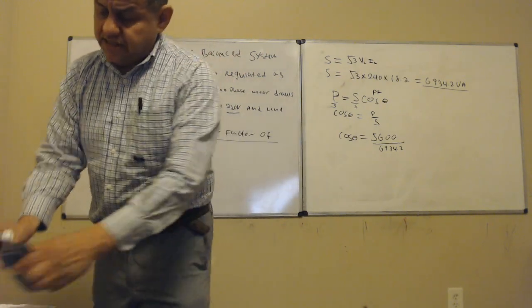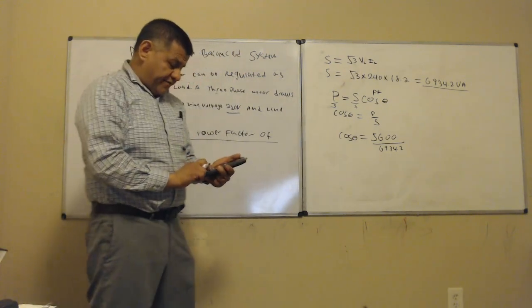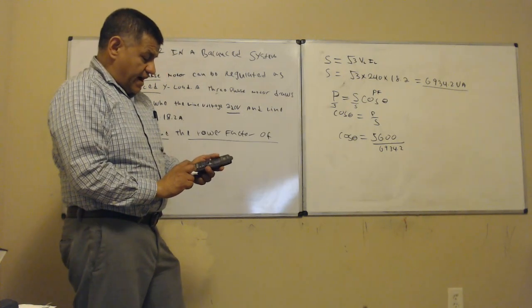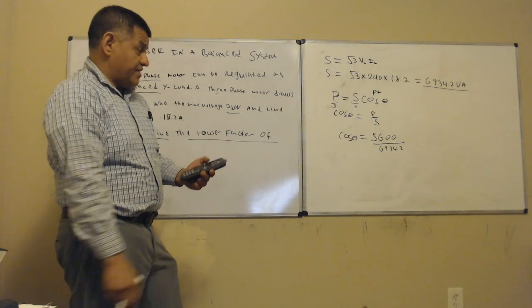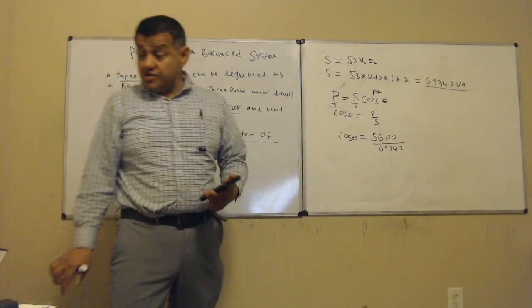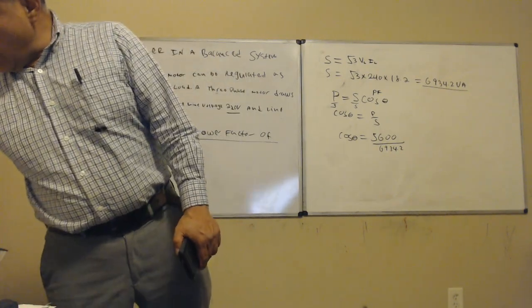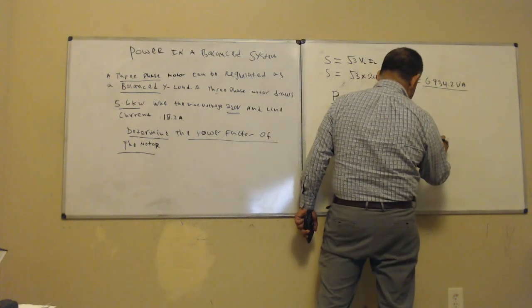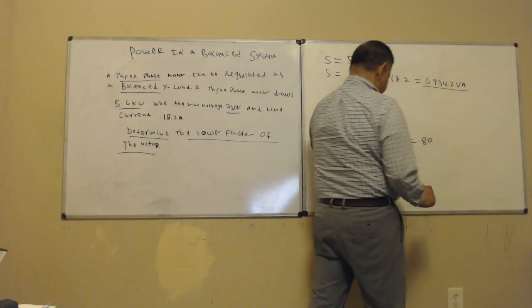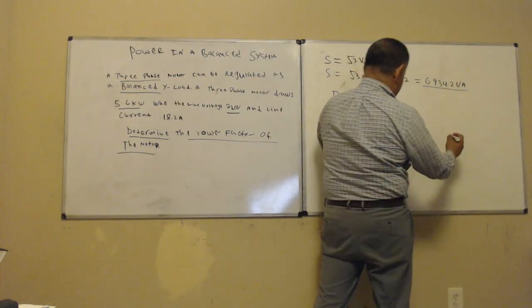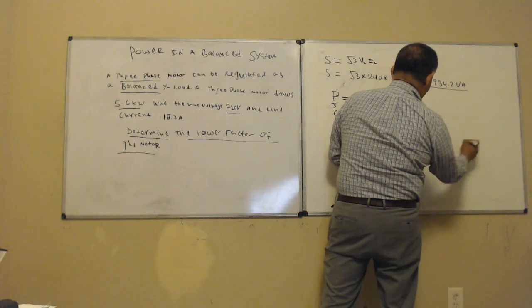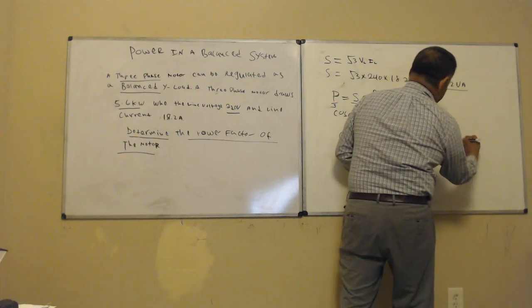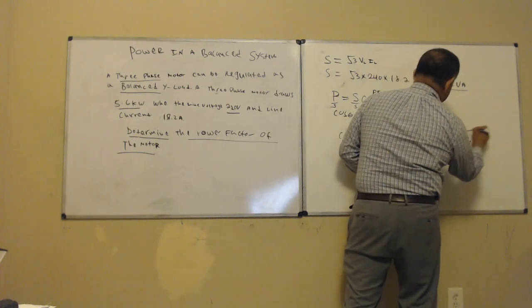So when I do that, I take 5600 divided by the second answer, and that gives me a power factor of about 80.8%. Or you can say that if I move this to the right, this is close to 81% power factor.